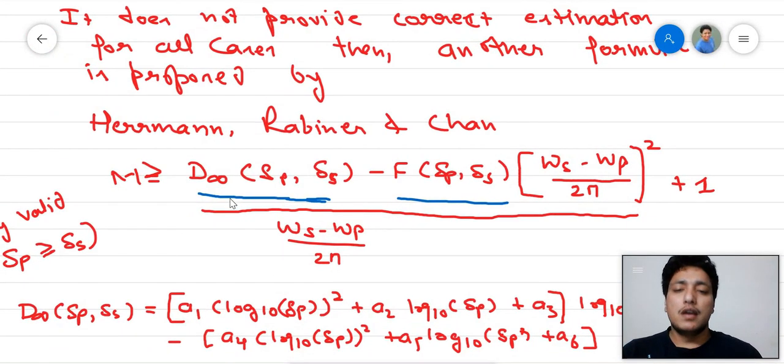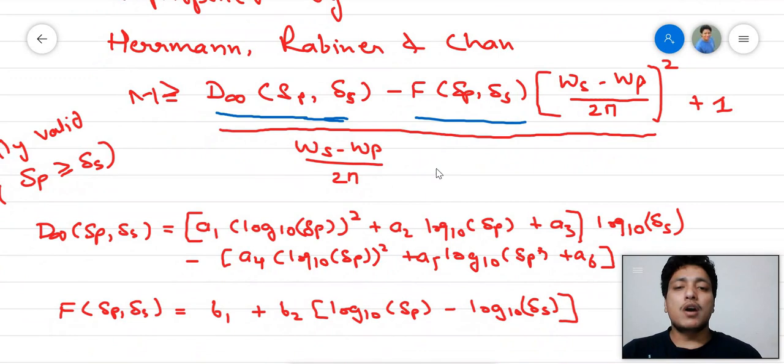Please note that in this formula, d infinity of delta P comma delta S and F of delta P comma delta S are two functions of logarithmic nature.